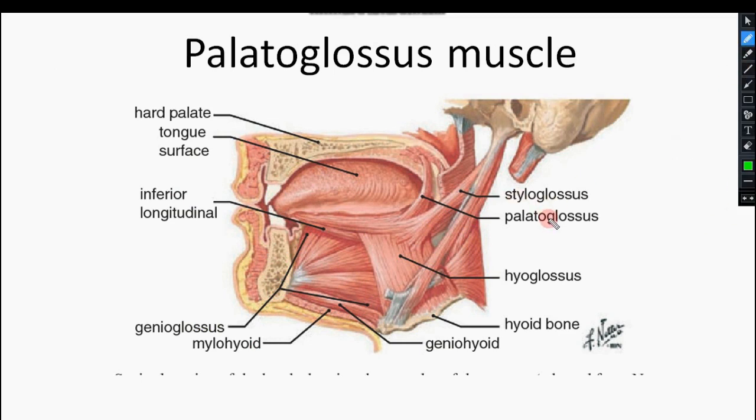This palatoglossus, let's see the palatoglossus. Let me take the pointer. See, this is the palatoglossus. The fibers of this palatoglossus arise from this point, the palatine aponeurosis, and you can see the fibers move downward, then forward, and attach on the side of the tongue, in front of the sulcus terminalis.